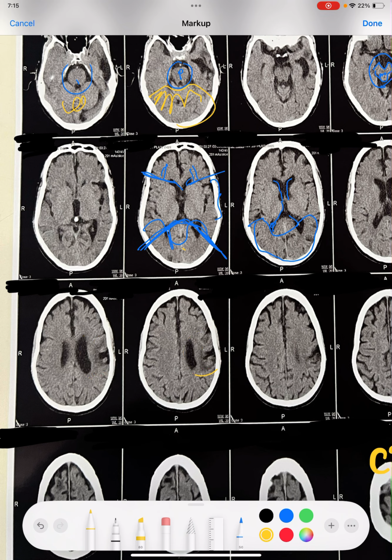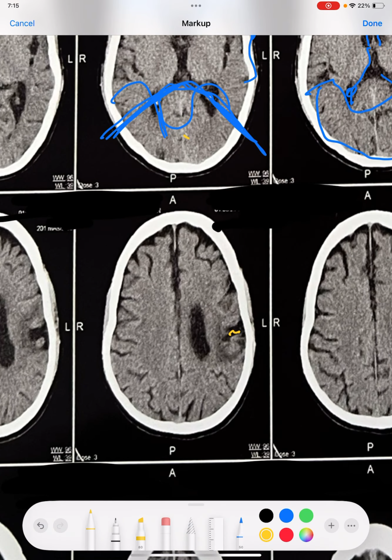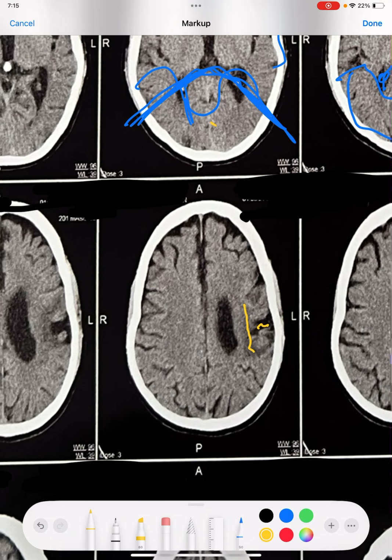This can be a new insult as well, but in a new insult you will not see this much ventricular dilatation, because the brain parenchyma won't disappear or degenerate within hours. So the brain material is significantly damaged, and these sulci are so prominent.